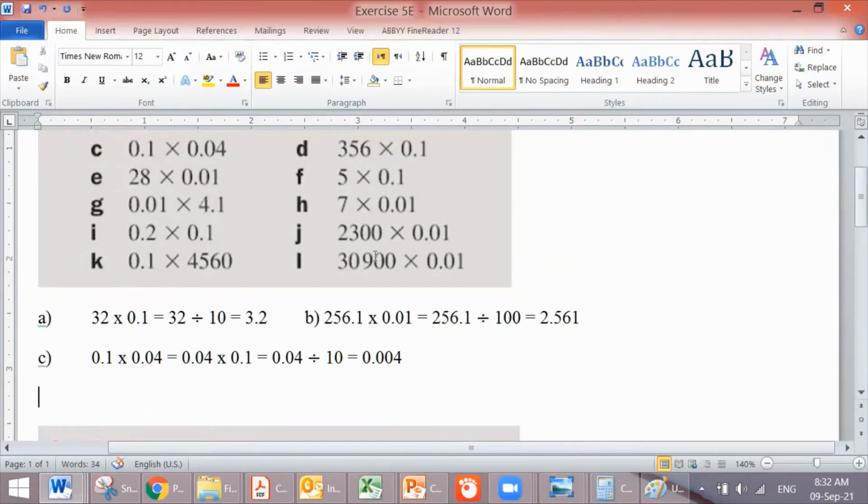Okay, and D part is... Now you boys should answer it directly. And here D part is 356 multiplied by... yes, very good Rawad. Very good Umar Safwan.